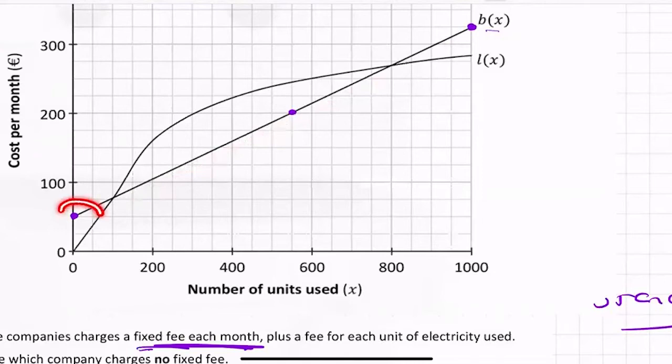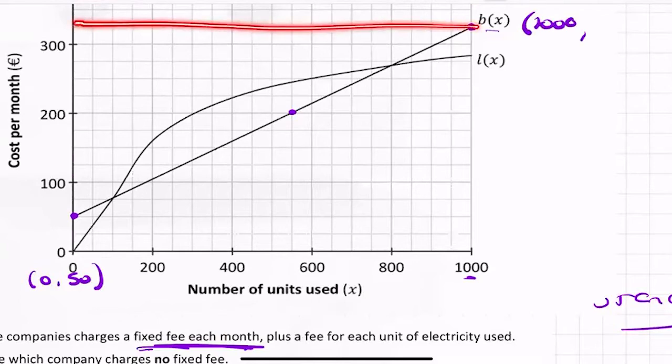So how about we take this one, which we know the coordinates of. Always the x coordinate before the y. So my x coordinate is 0, my y coordinate is 50. And then the coordinates of this one would be my x2 is 1000 and my y2 is 325.